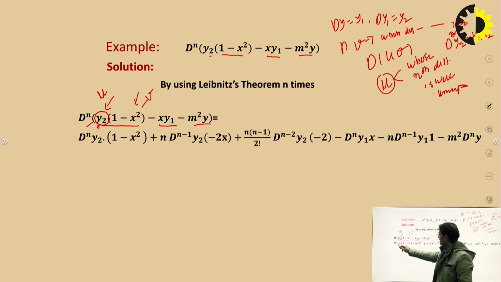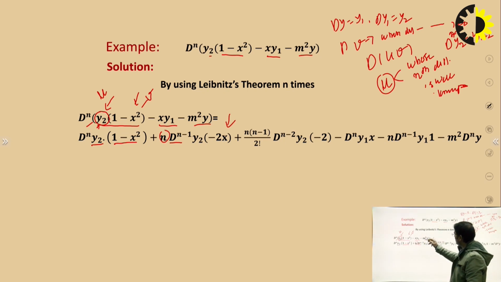See how. This is y2 and you are supposed to differentiate this y2 n times. You must keep the v the same, that is 1 minus x squared. In the second term, you need to differentiate y2 n minus 1 times, and the coefficient nC1 is n. Then here you differentiate 1 minus x squared one time with respect to x, so it reaches 2x. In the third term, this is the value of nC2, which is n into n minus 1 by factorial 2.